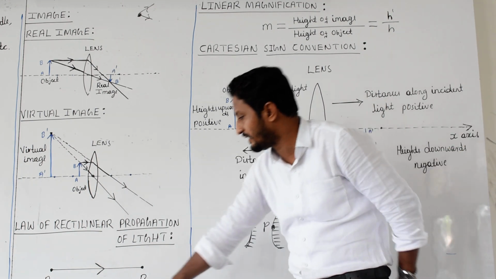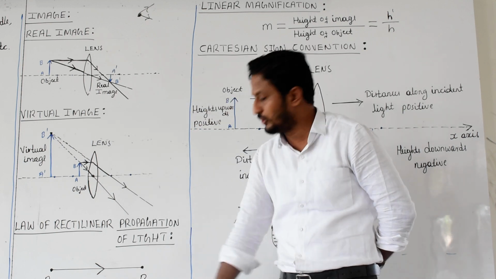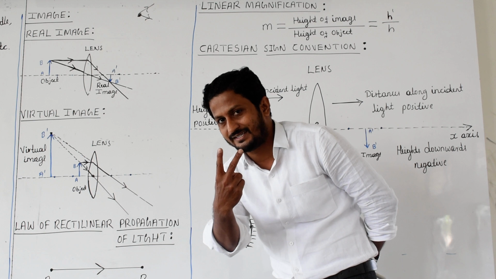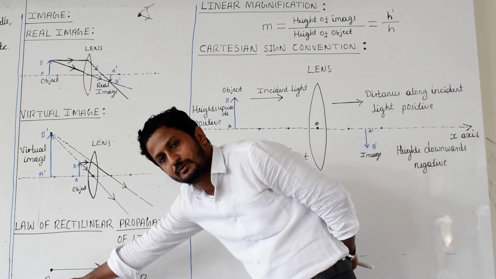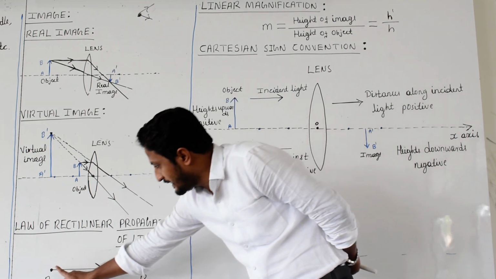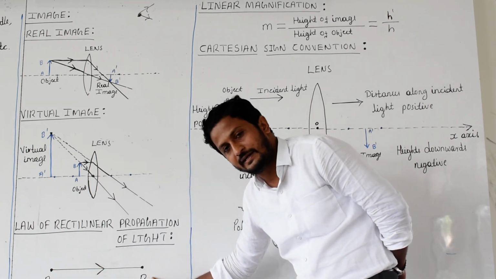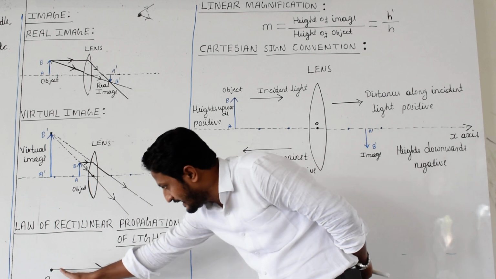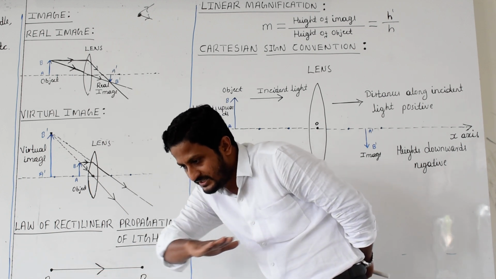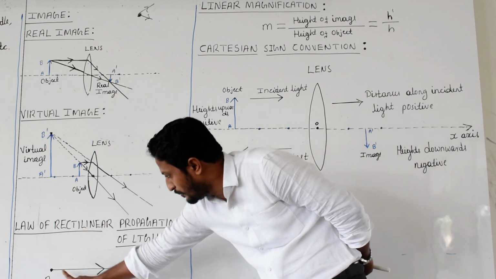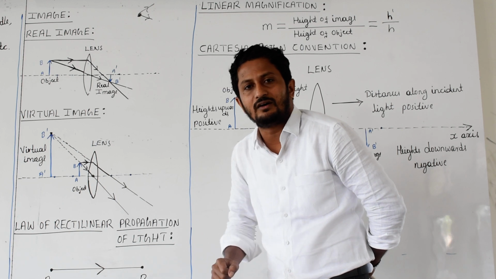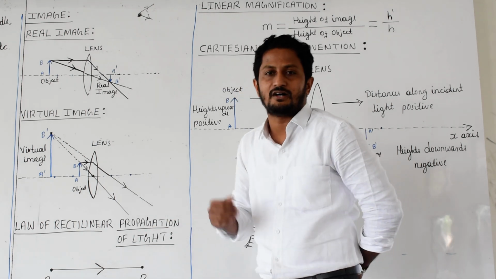Look at this diagram. Here I have taken two reference points, A an initial point and B a final point. From A to B, the light traveled by taking a straight path. This we call the law of rectilinear propagation of light.